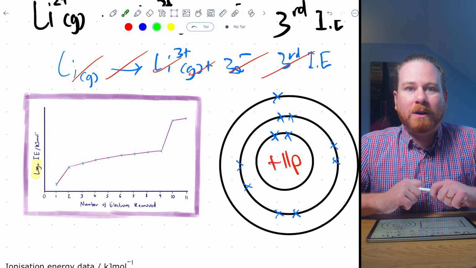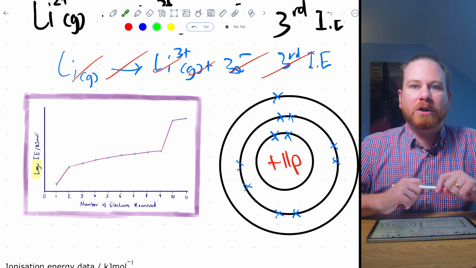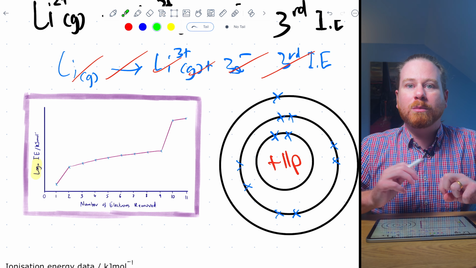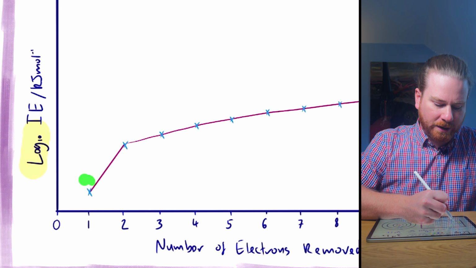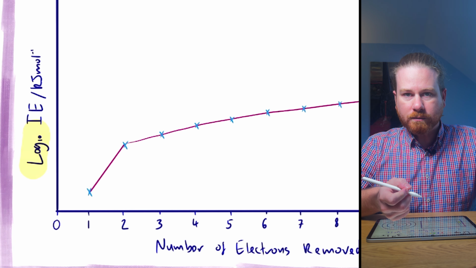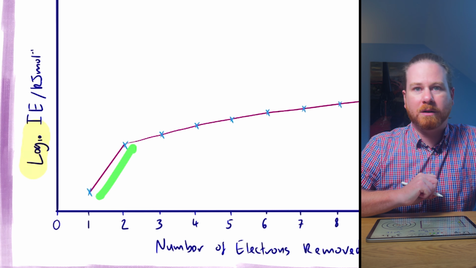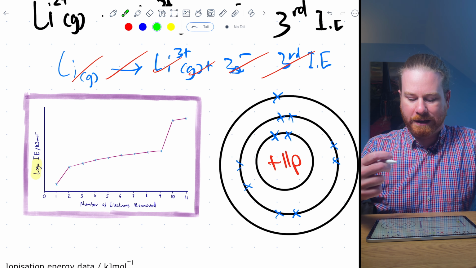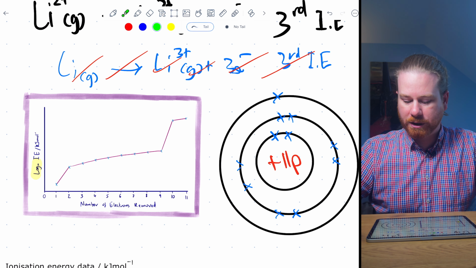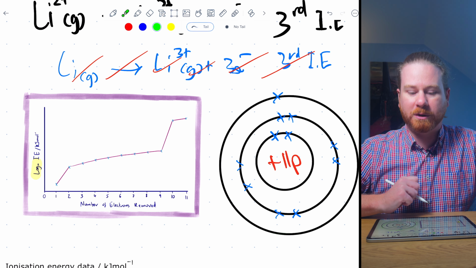So you can figure out which element you have from looking at how many electrons are removed before you get that first big jump. Here we've only got one electron and then we're getting our first big jump. So this has to be a group 1 element. So it's sodium, and yeah, we've got sodium over here.